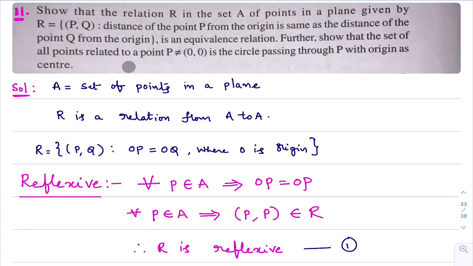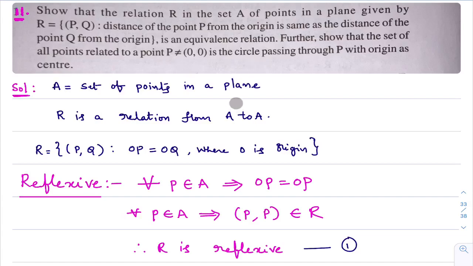Confusing one, right? In the given relation, the set of all points related to point P is a circle. We need to prove that.